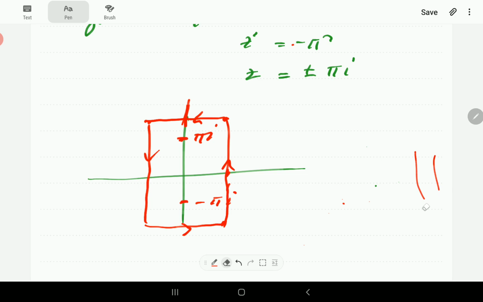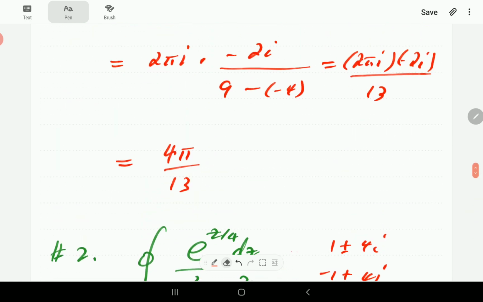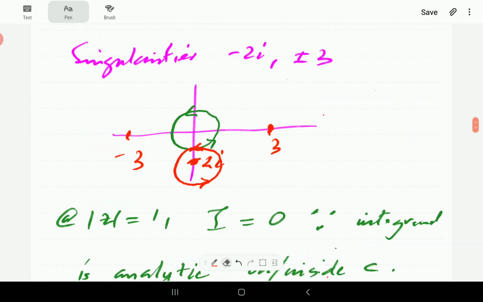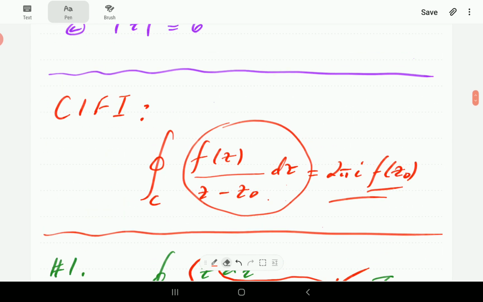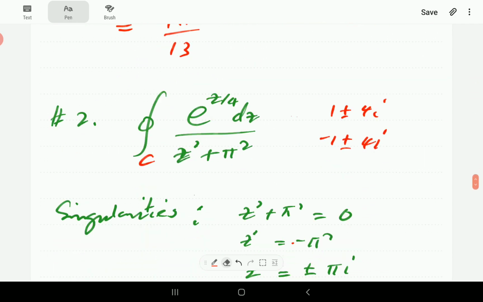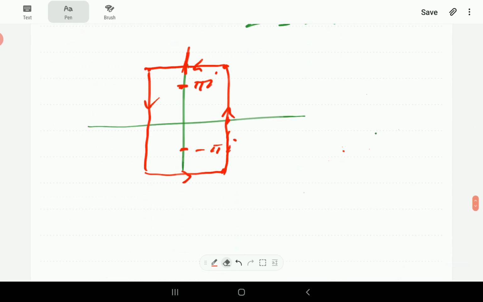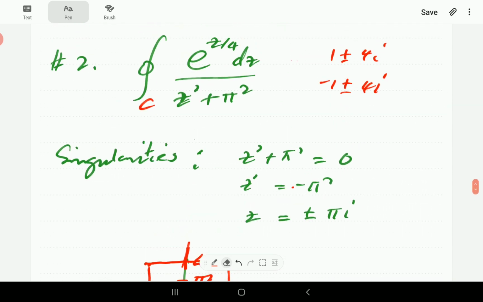Okay, so that's presenting us with a slight problem, because the Cauchy's integral formula only caters for the case where we have only one singularity inside. However, we are going to use techniques from first year to sort this out.